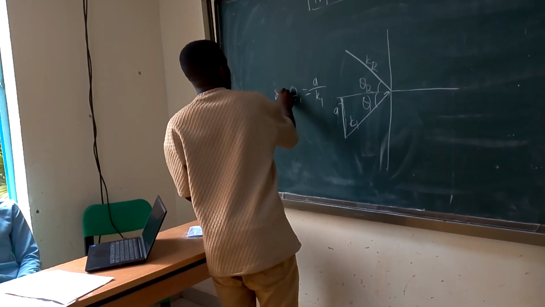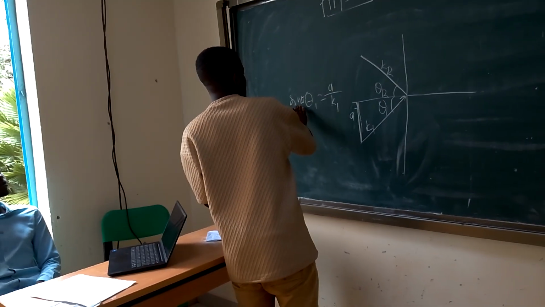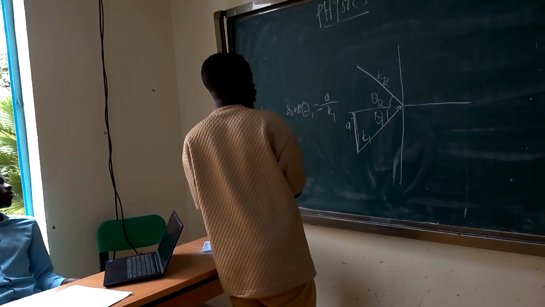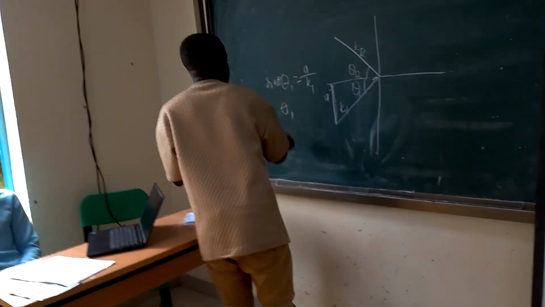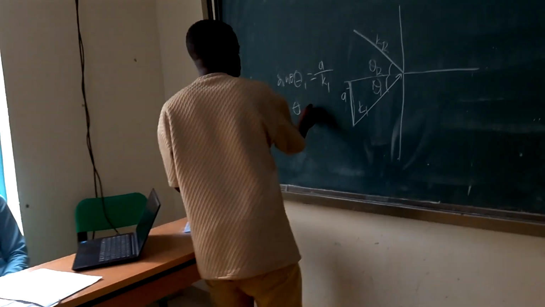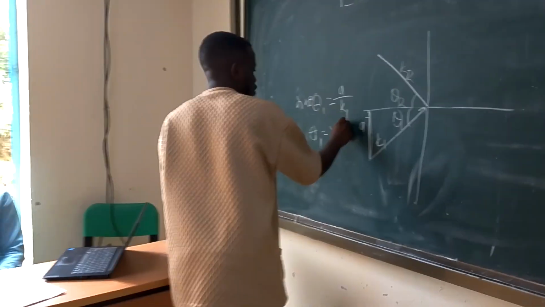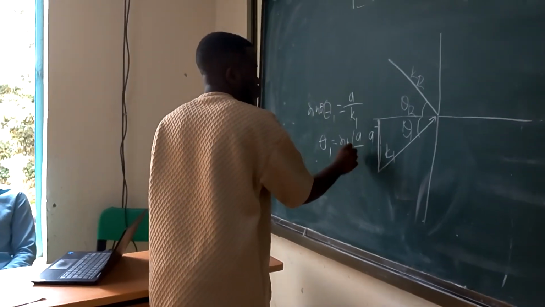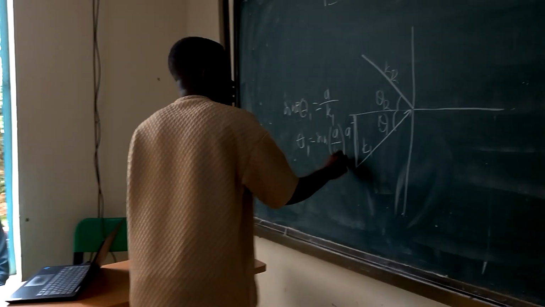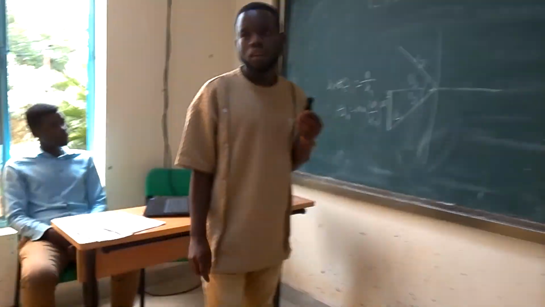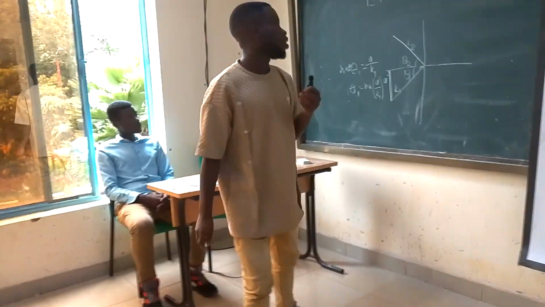This is the sine of this angle. Then the angle of incident is equal to sine inverse of A over the wave number of incident.